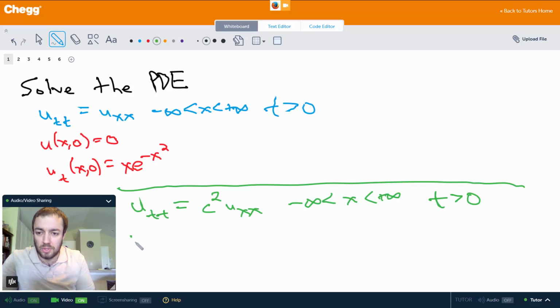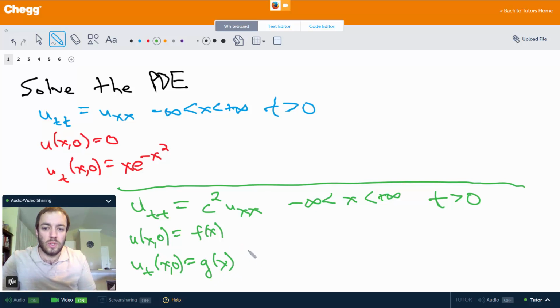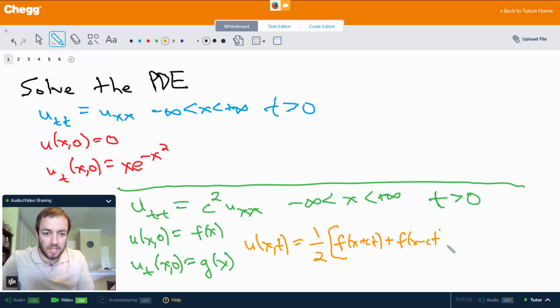We also have u of x comma 0 equals f of x, and u sub t of x comma 0 equals g of x. D'Alembert's solution says that under these conditions, u of x comma t equals 1/2 times f of x plus ct plus f of x minus ct, plus 1 over 2c times the integral from x minus ct to x plus ct of g of s ds.